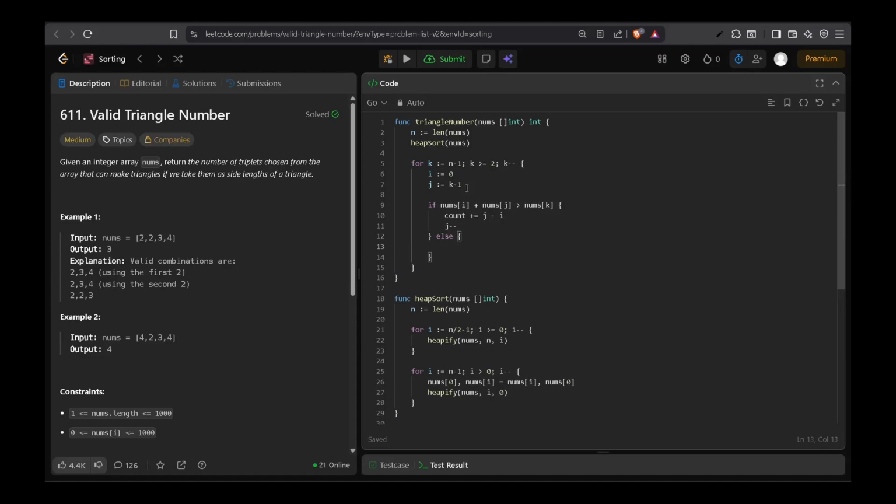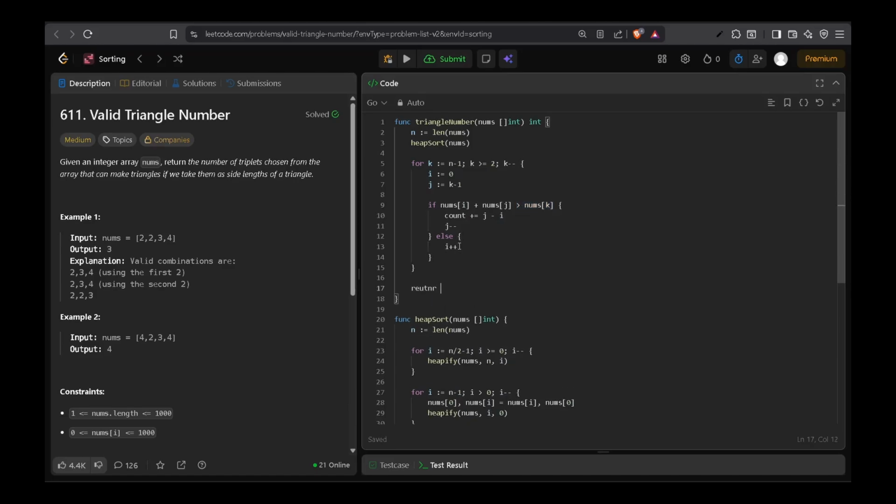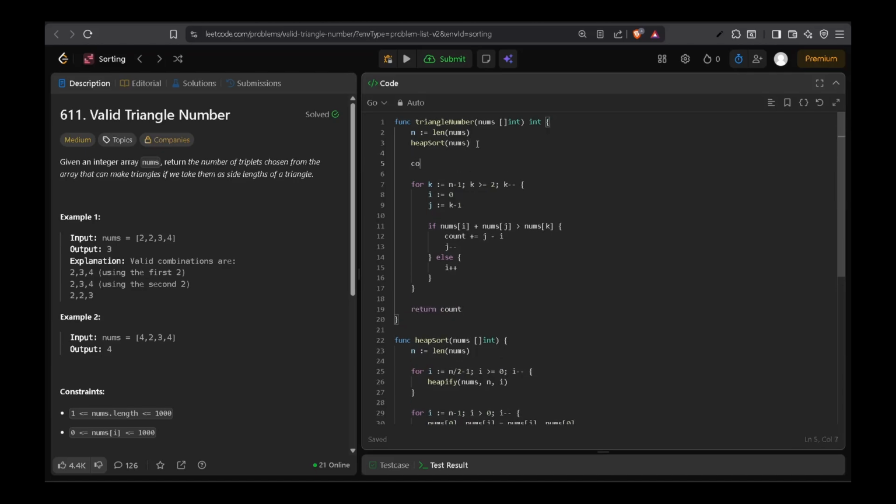Else, if this condition is not true, then we need to increase the sum, right? Because it is currently not larger than this side. We need to increase the sum, and for that we'll increase i, and we simply return count. Of course we need to initialize count as well, so count equal to 0.